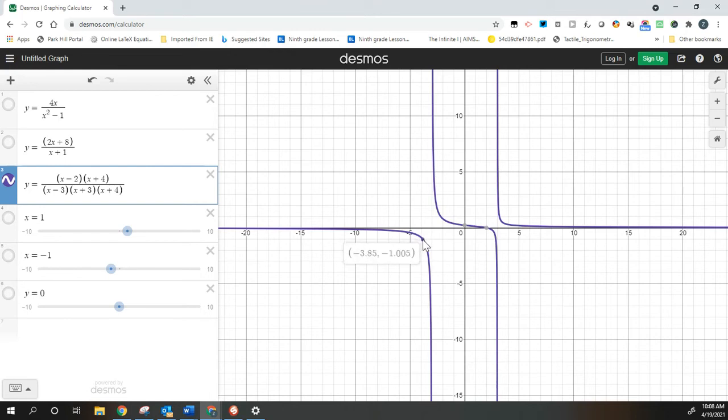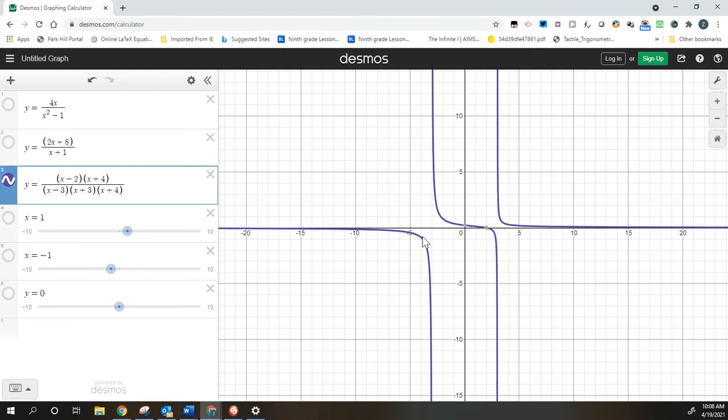If you look at one side or the other, you can say it's about just above negative 1. Not quite to negative 1. If you look at the y values on one side or the other. If you want to plug it in, you can. So let's go ahead and do that. F of negative 4.